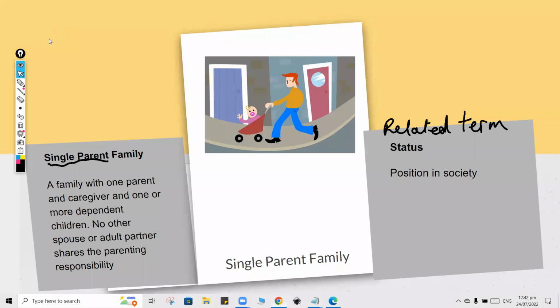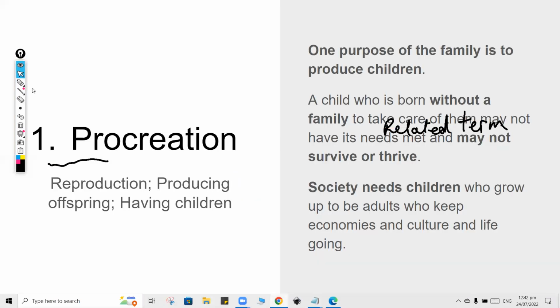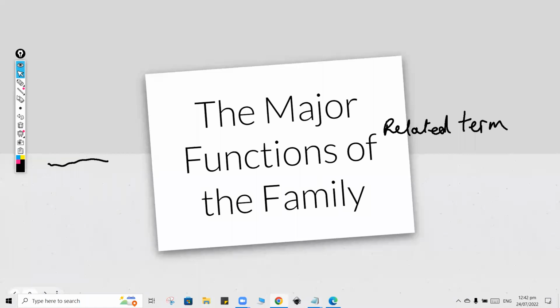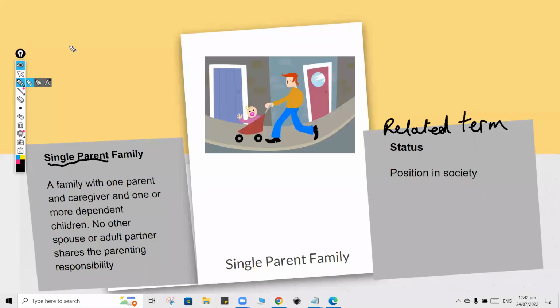So we can talk about causes of this family type. Okay, so causes, right? What could be the causes of a single parent family? Well, one could be death of a spouse. What could be the other causes?